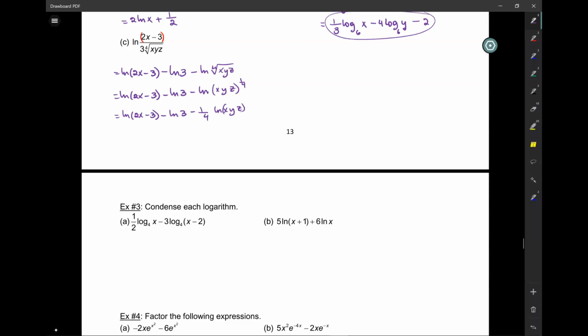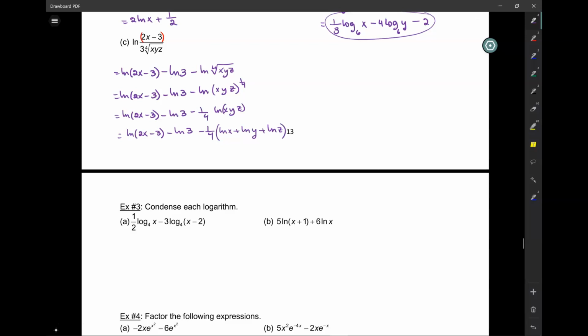So now what? This is ln of 2x minus 3 minus ln of 3 minus 1/4. And now I need to split those up. So in parentheses, I'm going to do ln of x plus ln of y plus ln of z.